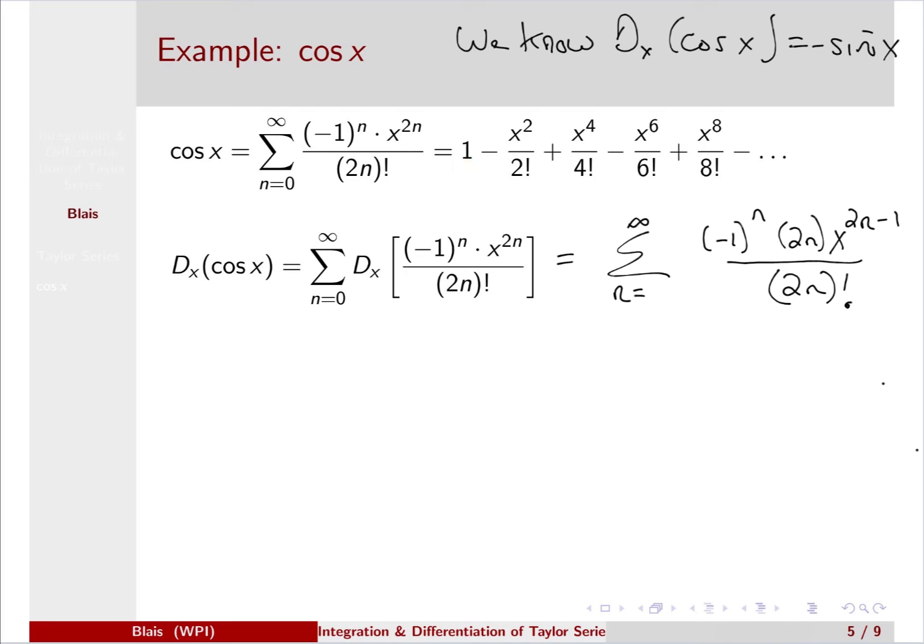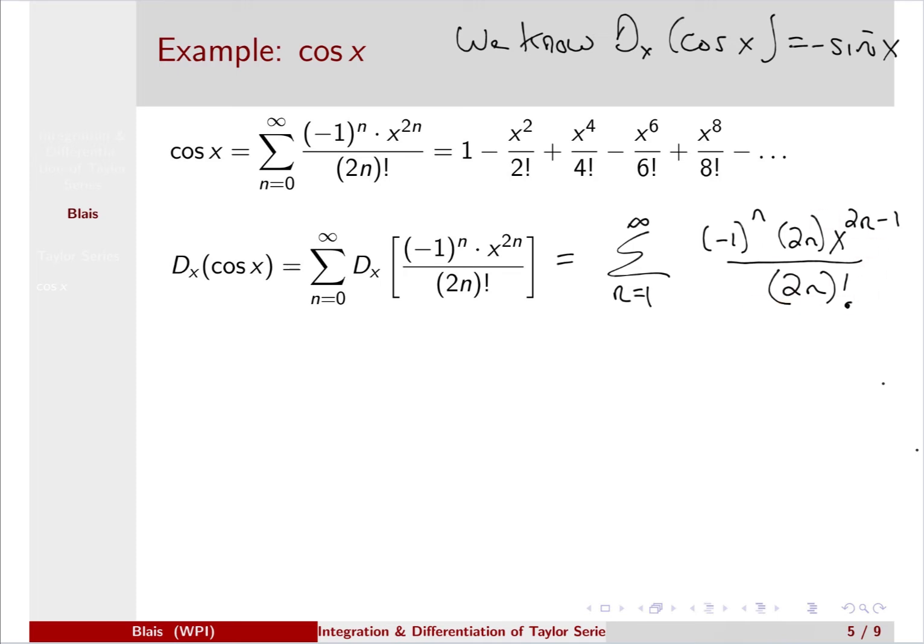So the first term that will show up in our derivative here will be the term associated with this x squared over 2 term, which is going to be an x term, x to the 1 power. So it looks like the first term we want to start where n equals 1, because that power of x would be x to the 2 times 1 minus 1, or x to the 1. So this gives us the derivative.